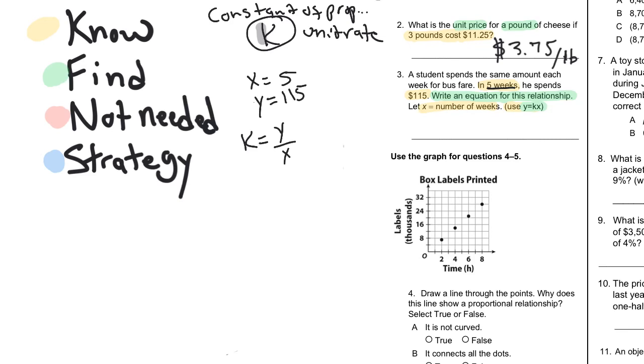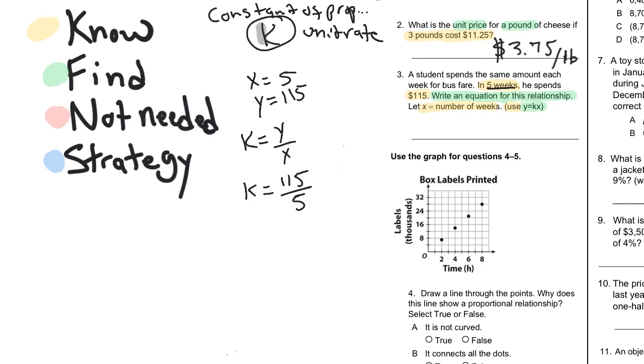So the next step would be find k. And then we can write our equation. Right now we don't have anything. If we could find k, then we could maybe write out our equation. And the reason they're asking about an equation for the relationship, this is just something you have to remember.